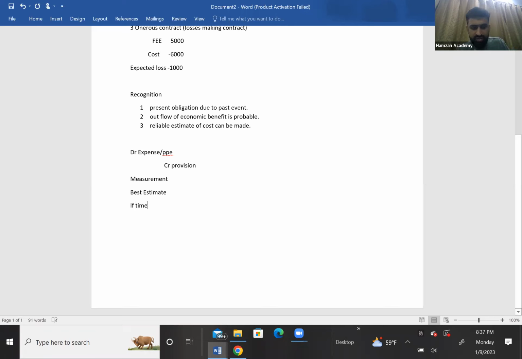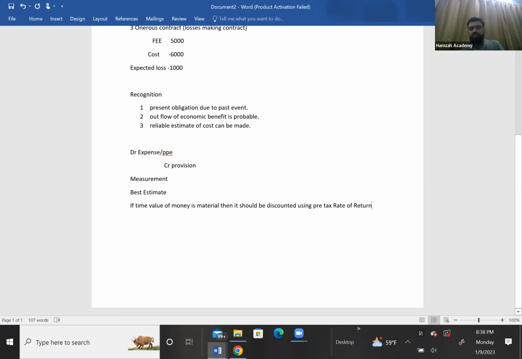If the time value of money is material, then it should be discounted using a pre-tax rate of return. Pre-tax rate of return. Okay.